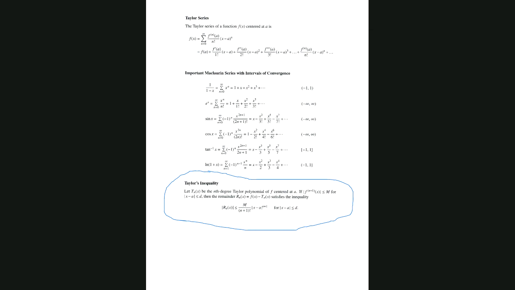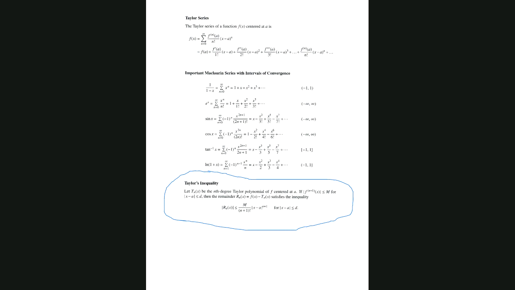You had error-bound formulas, so this is also an error-bound formula. And in the numerical integration error-bound formulas, you had to find that big K value, which was dependent on, for trapezoidal and midpoint rule, the second derivative. Well, Taylor's inequality works very similarly.